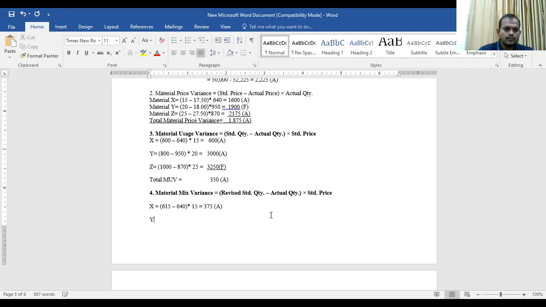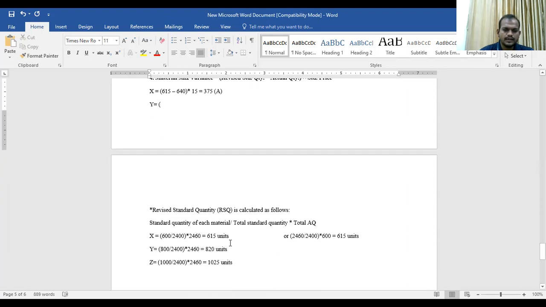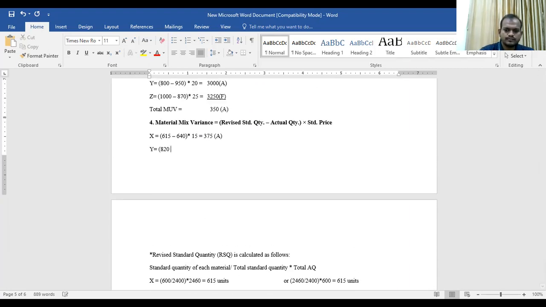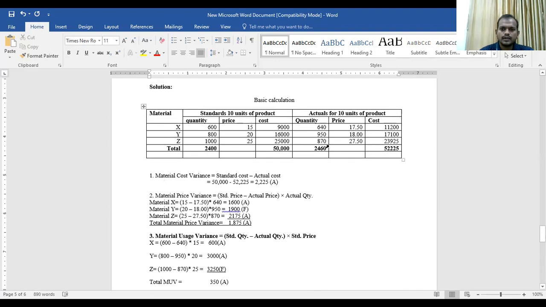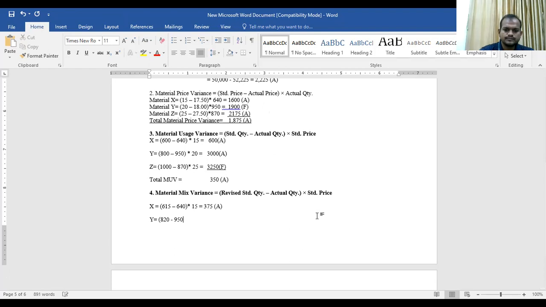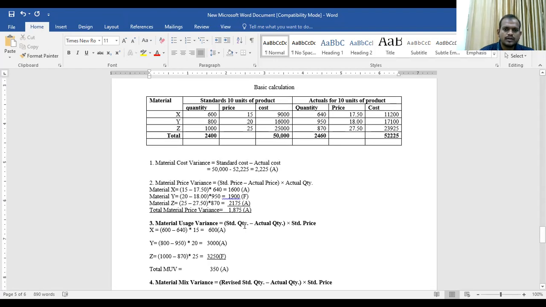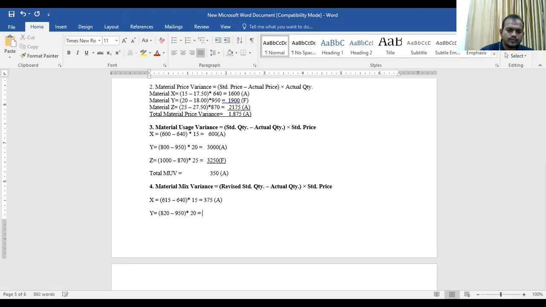So Y: revised quantity is 820 units. Actual quantity is 950 units. Even after revision, the quantity we utilized is still more compared to the revised one. Standard price is 20. So it comes to around 2600 adverse variance.